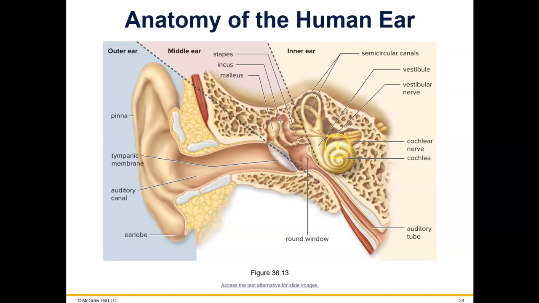And then you have two nerves that kind of merge together, the vestibular nerve and the cochlear nerve, which together we call the vestibulocochlear nerve. But the auditory tube is where sometimes a person will have to get tubes in their ears to drain that.